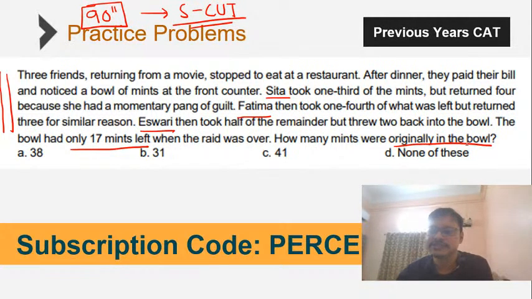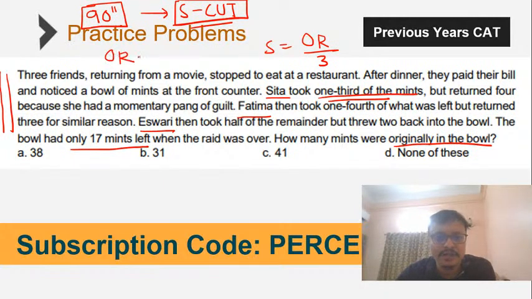How do we do this? If we talk of shortcuts, focus on this. It says Sita took 1/3 of the mints, which means whatever was the original count, Sita took 1/3 of the original count, which means the original count must be a multiple of 3.